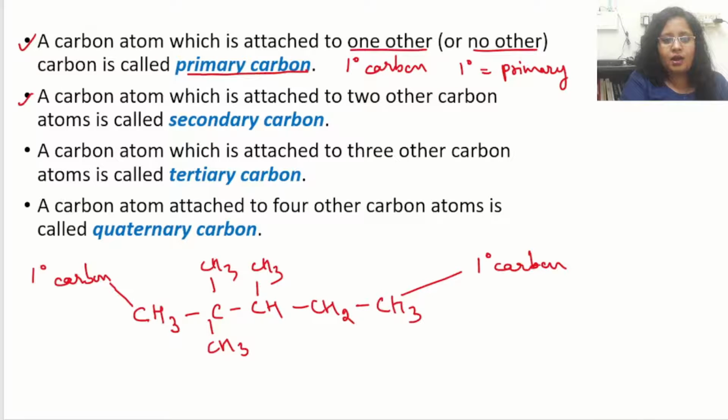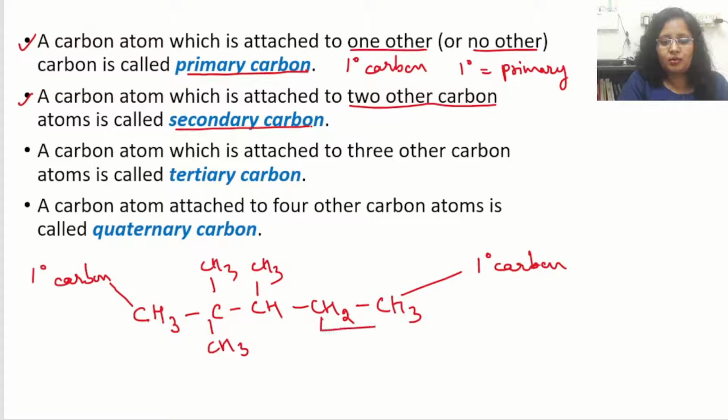Next, a carbon atom which is attached to two other carbon atoms is called a secondary carbon. It means this carbon should be attached to two other carbons. So let's check. I think this carbon is attached to two carbons, one on the right side, one on the left side.